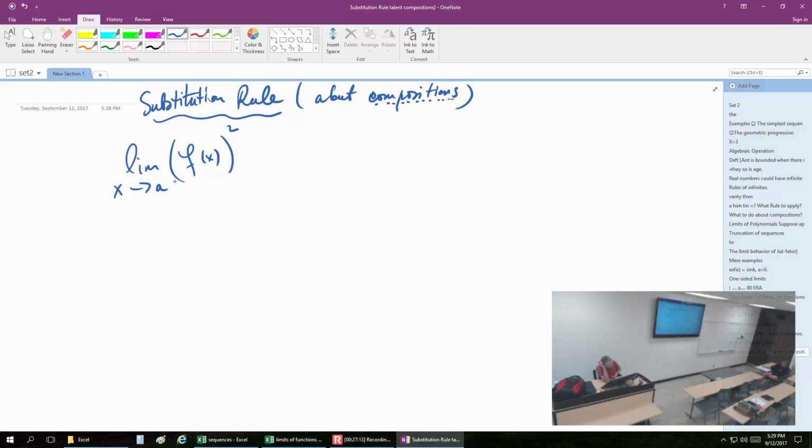We just know that the limit of, we don't know yet what the limit of f is, but the square is continuous.